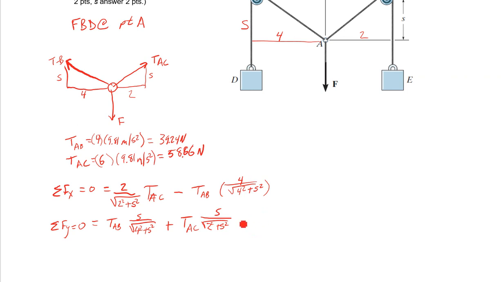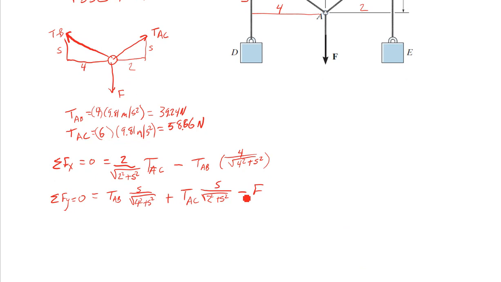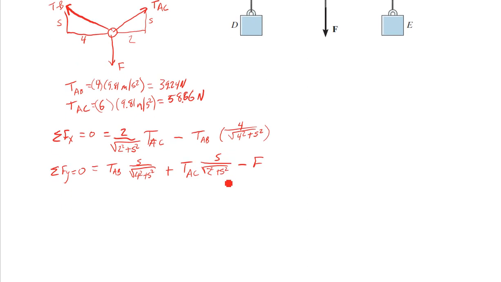And then we're going to have minus F acting straight down. Alright, so now I can solve this in terms of that or vice versa and plug that in. I know my tensions, so I can solve these values. So I can solve this for S up here, or I can solve this for F and work backwards.